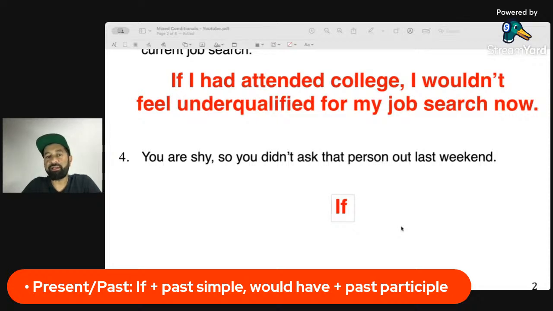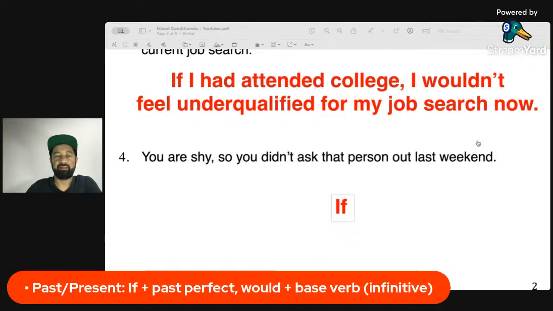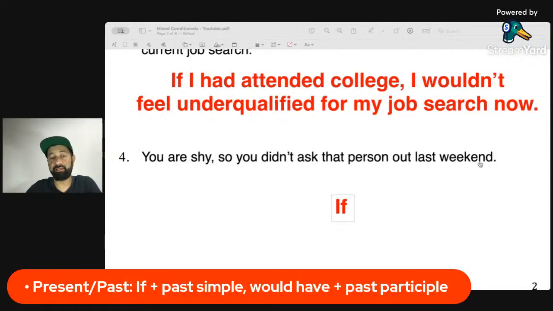Okay, so for this one here, because we're doing that mixed conditional, right? I've got the one mixed conditional on the screen. The other type would be here. I'm going to use this one here. So just follow along with my sentence and follow along with the banner there.